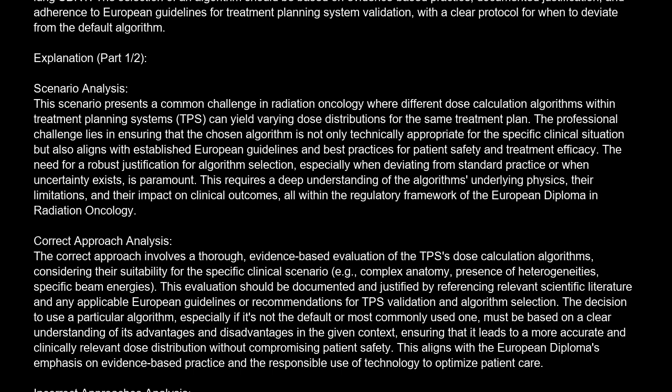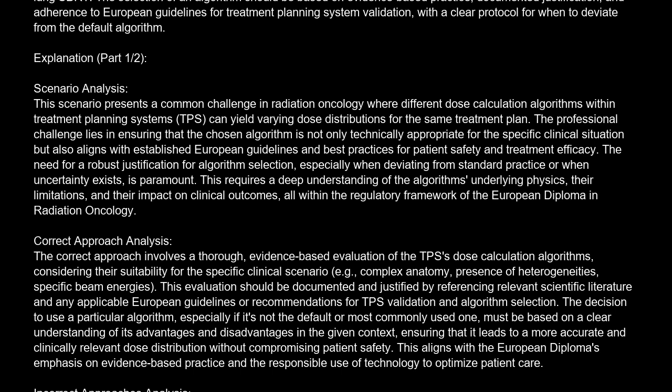Correct approach analysis. The correct approach involves a thorough, evidence-based evaluation of the TPS's dose calculation algorithms, considering their suitability for the specific clinical scenario, e.g., complex anatomy, presence of heterogeneities, specific beam energies. This evaluation should be documented and justified by referencing relevant scientific literature and any applicable European guidelines or recommendations for TPS validation and algorithm selection.